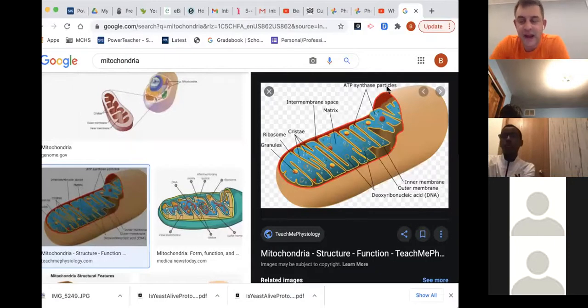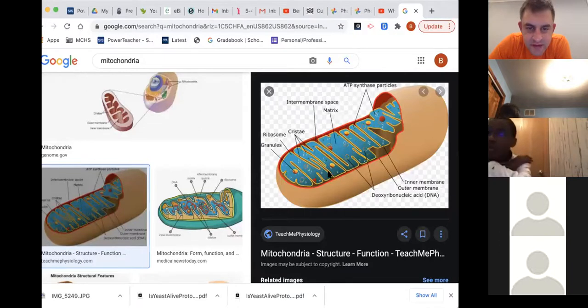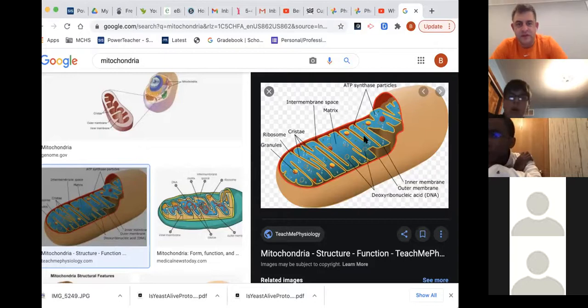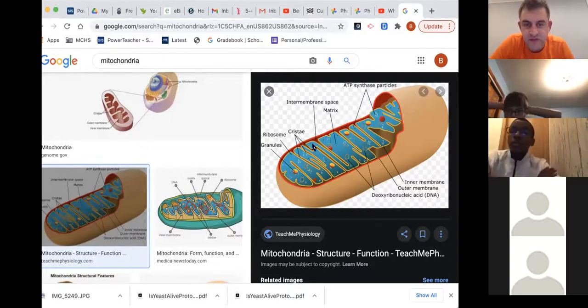Okay, so when you're looking at a mitochondria, all of this space in here is blue space. That's the matrix, okay? Now, the membrane or the cristae are these ridges, and they're curved ridges.